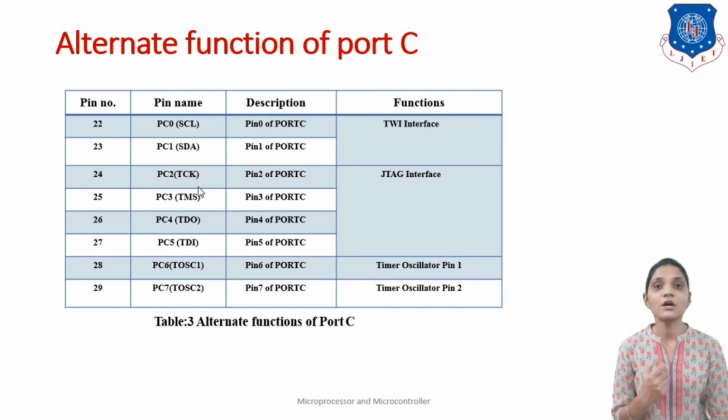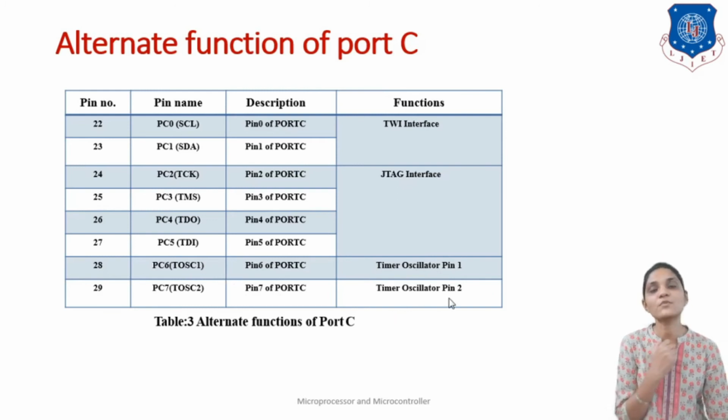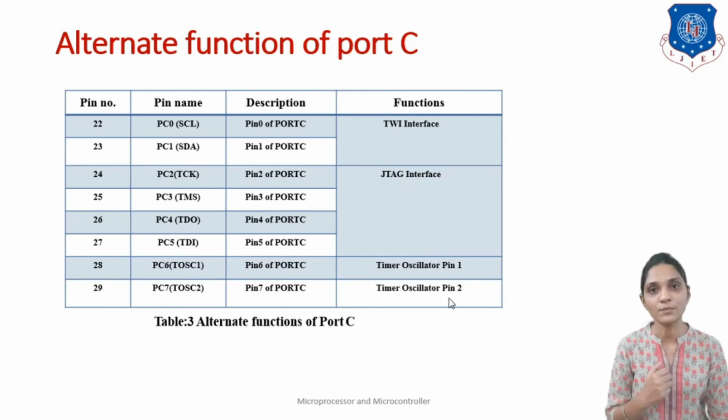Okay, then PC2, PC3, PC4 and PC5 can be used for the JTAG interface. So these 4 pins are used for the JTAG interface, and PC6 is used for the timer oscillator pin 1, and PC7 is used for connecting the timer oscillator as pin number 2.